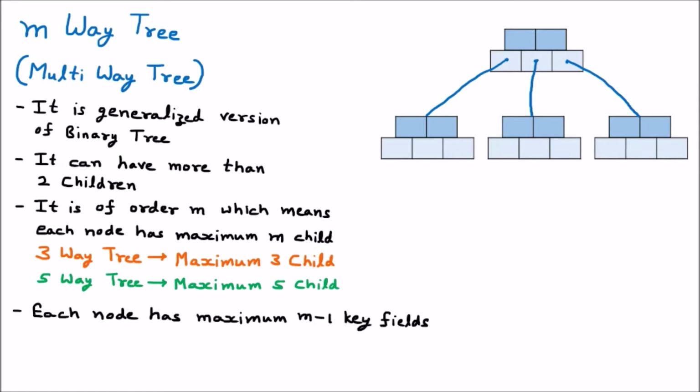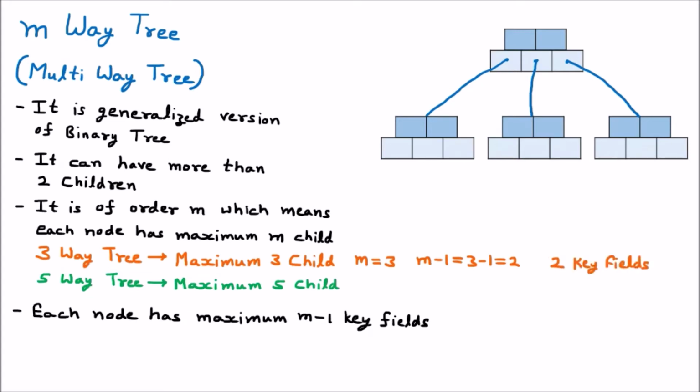Now if we talk about the first example, the three-way tree, where we have a maximum of 3 children, here the value of M is 3, and M minus 1 is equal to 3 minus 1, which is 2. So that means 2 key fields will be there.